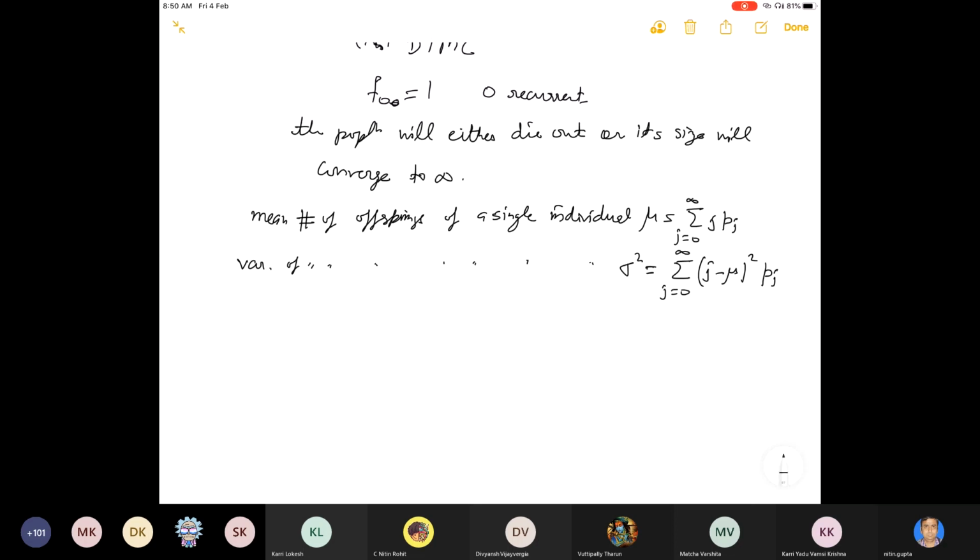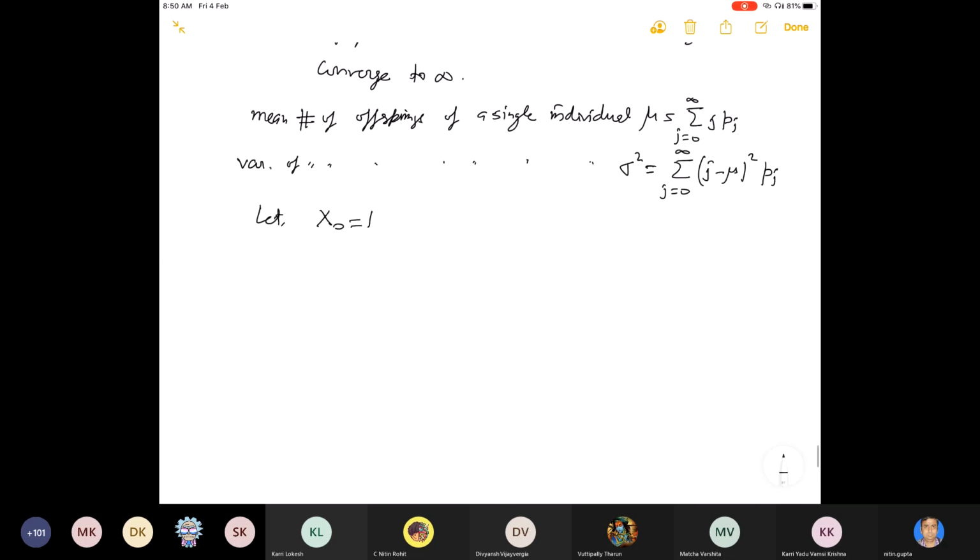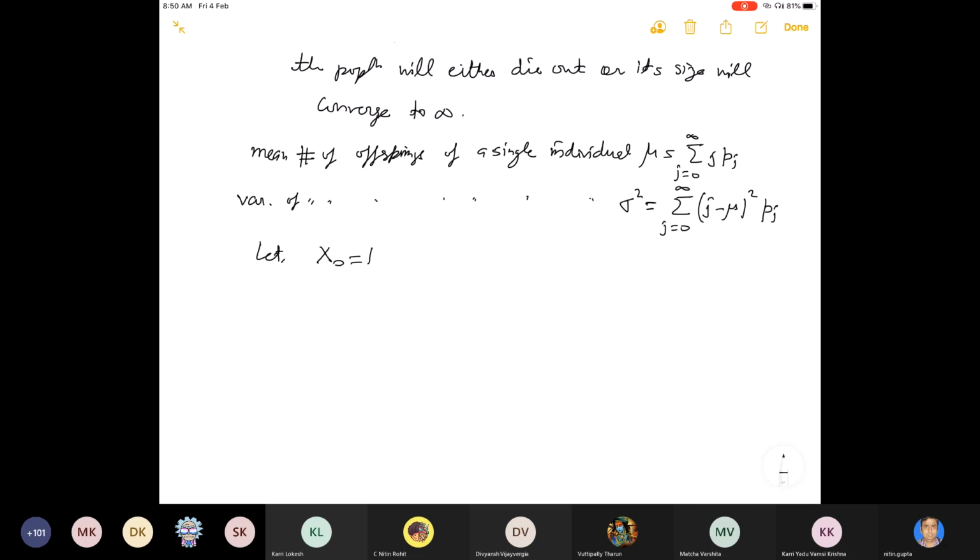Let us take X0 is equal to 1. That is, initially there is a single individual. Then Xn is Z1, the number of offspring produced by the first individual, plus Z2 plus so on up to Z of Xn minus 1. Why?